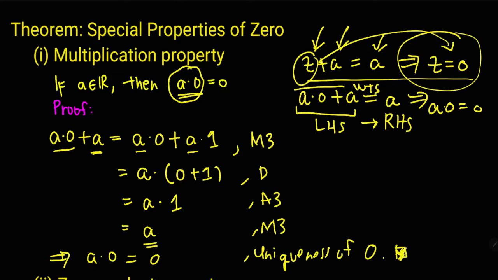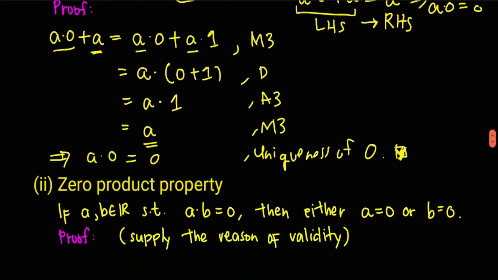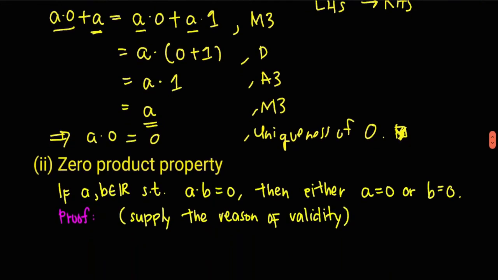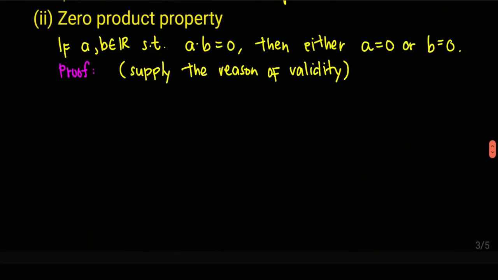Another special property of the number 0 is the zero product property. So, let's look at the zero product property. If we have two numbers, a and b, such that their product is 0, there can only be two possible scenarios. Either a is equal to 0 or b is equal to 0.